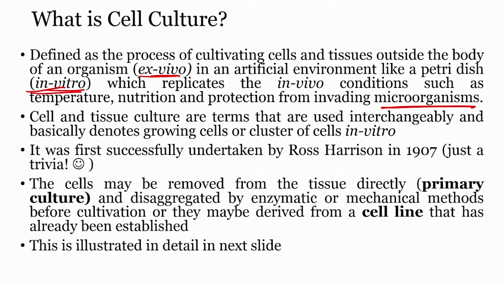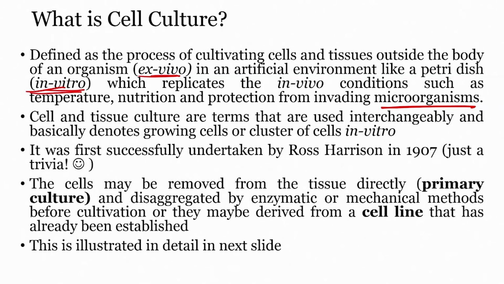Cell and tissue culture are terms that are used interchangeably and basically denote growing cells or clusters of cells in vitro, right. You take a cell, load it in a petri dish, load a particular media, and it will start growing, right. So, we use cell and tissue culture as interchangeable terms.